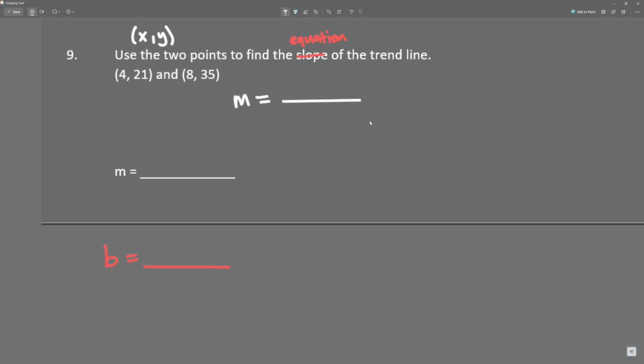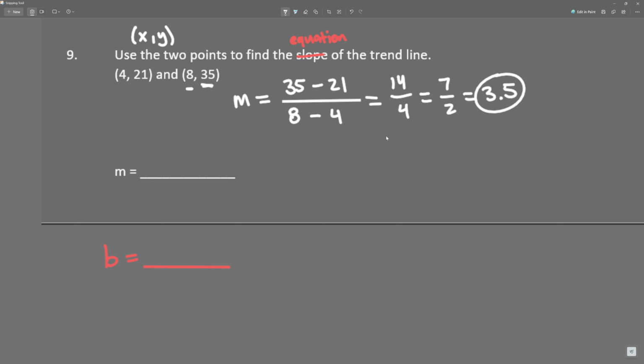Remember, it's rise over run. 35 minus 21. You'll notice that I started with 35 on top, so I need to start with 8 on bottom. I end up with 14 over 4. I can reduce that to 7 over 2, and of course 7 divided by 2 is 3.5.